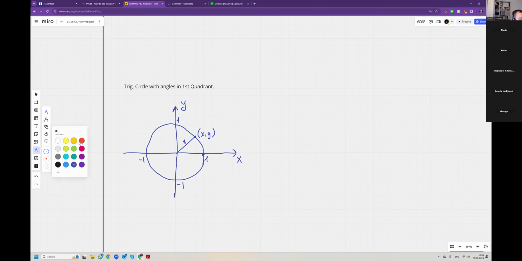Now, if I draw a right angle triangle like this, and just copy this here. This is 1. This side, well, if the coordinate of this point is x, so this is 0 and this is y, of course. So this side is going to be y.